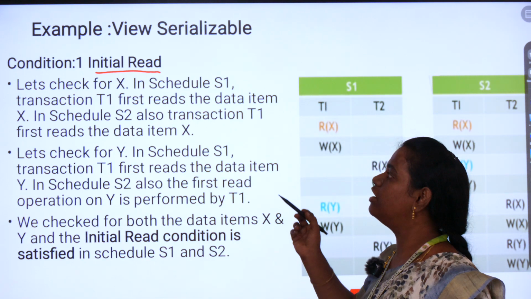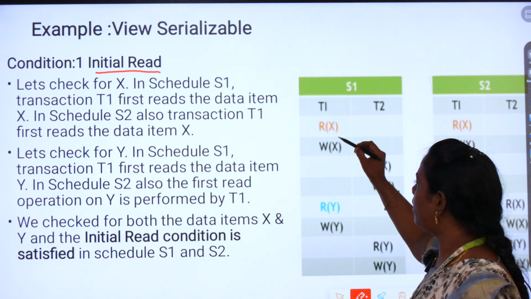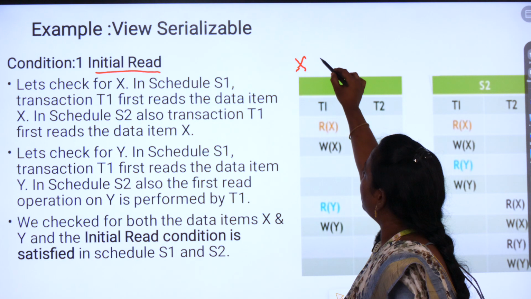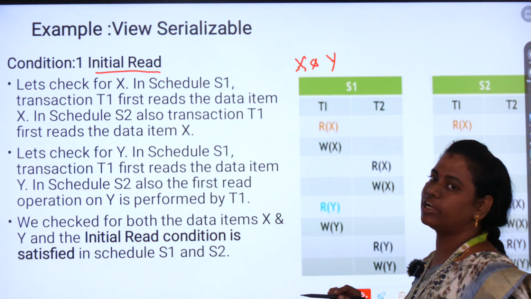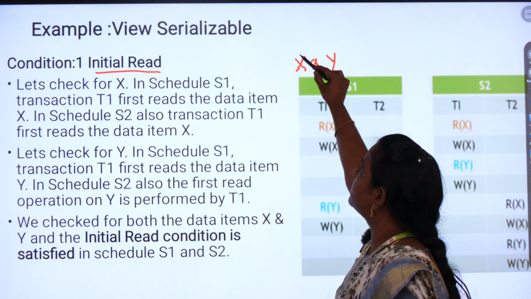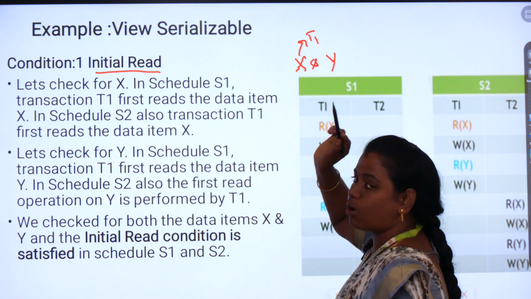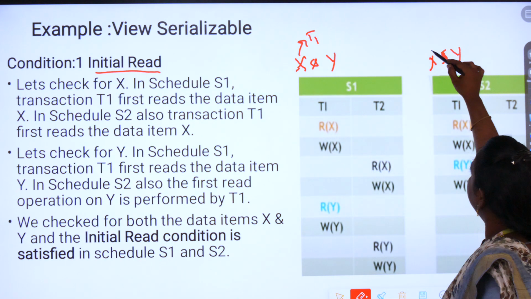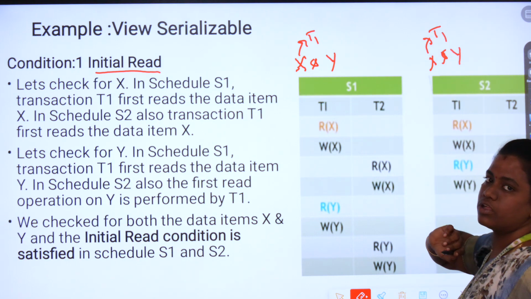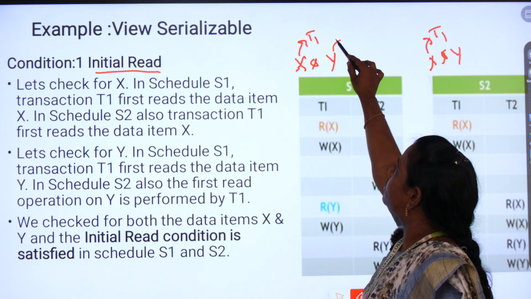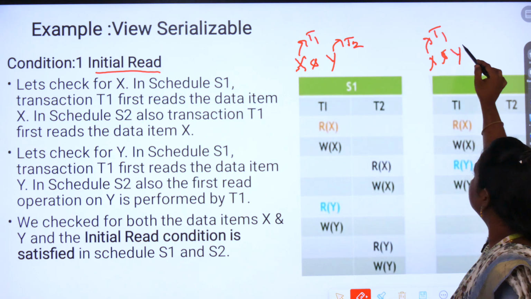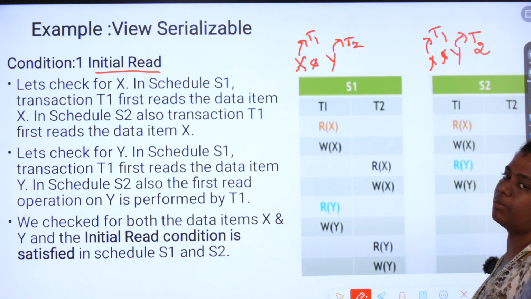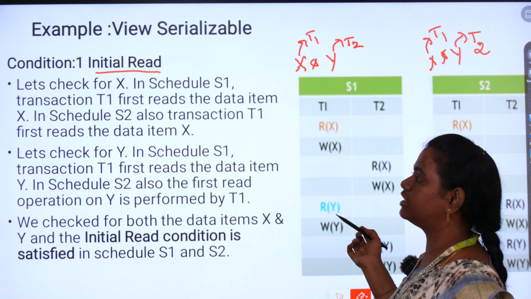For initial read, we need to check for two data items X and Y. If the initial read for X is done by T1 in schedule 1, then obviously in schedule 2 the initial read should also be done by T1. Suppose the initial read for Y is done by T2, then obviously in schedule 2 the initial read is done by T2. Likewise, we need to check the initial read.